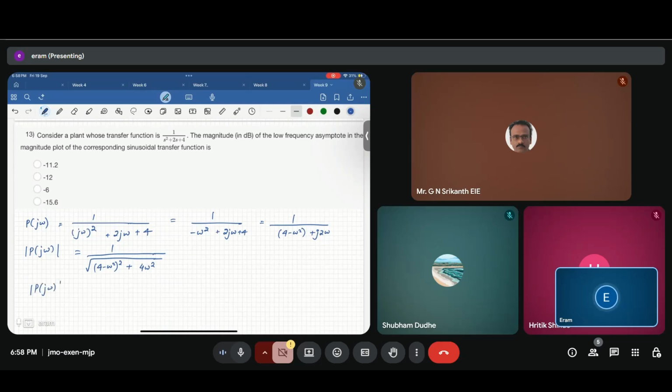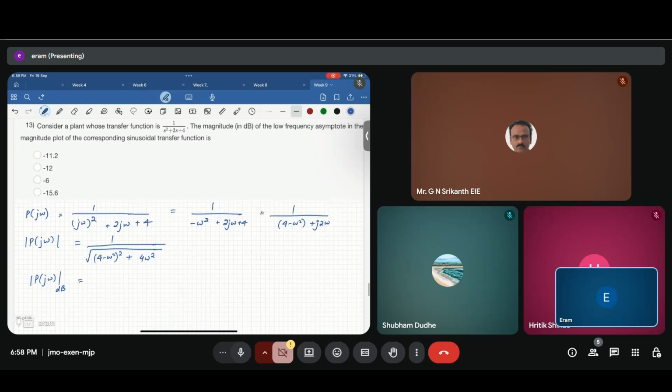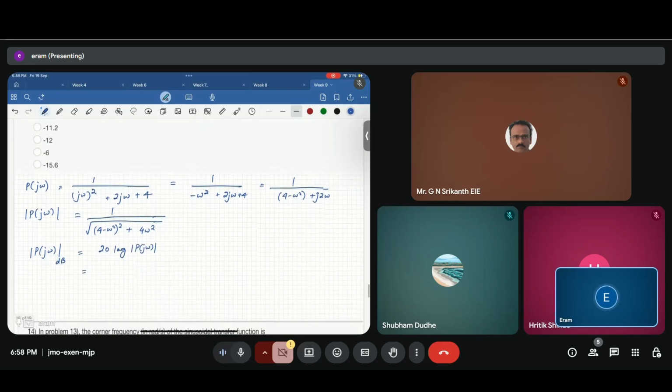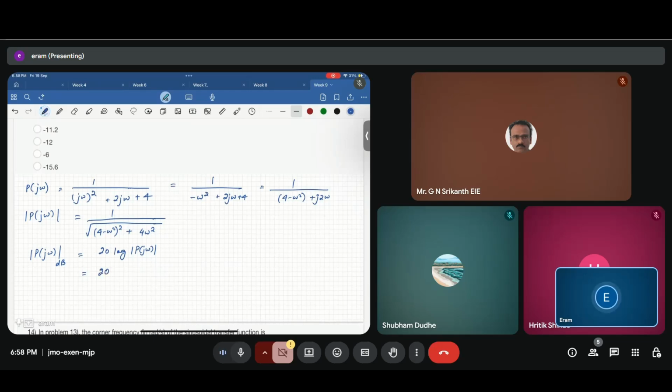P of j omega in dB will be equal to 20 log of |P(j omega)|. The numerator is 1, so log of 1 will be 0, and we can directly write for the denominator.